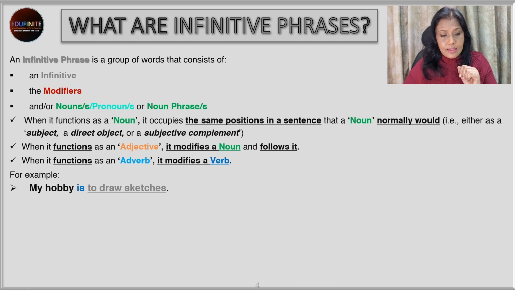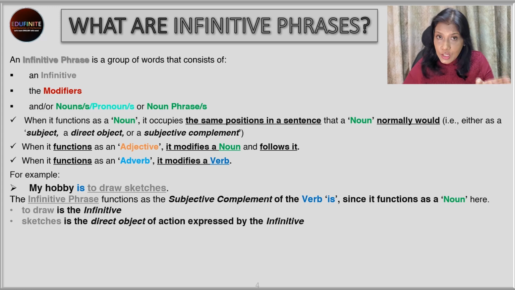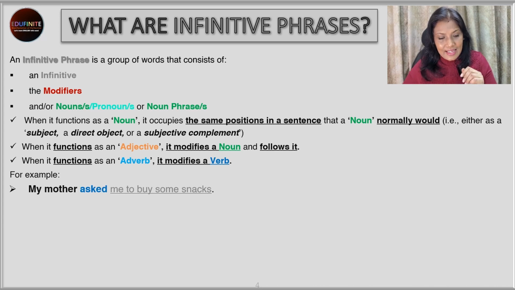Well, the next sentence. My hobby is to draw sketches. Of course, the infinitive phrase to draw sketches, what is it doing? It is being the subjective complement of the verb is. Hence, it's functioning as a noun here. To draw, of course, is the infinitive and sketches is the direct object of the action expressed by the infinitive. So, let's move on to the next sentence.